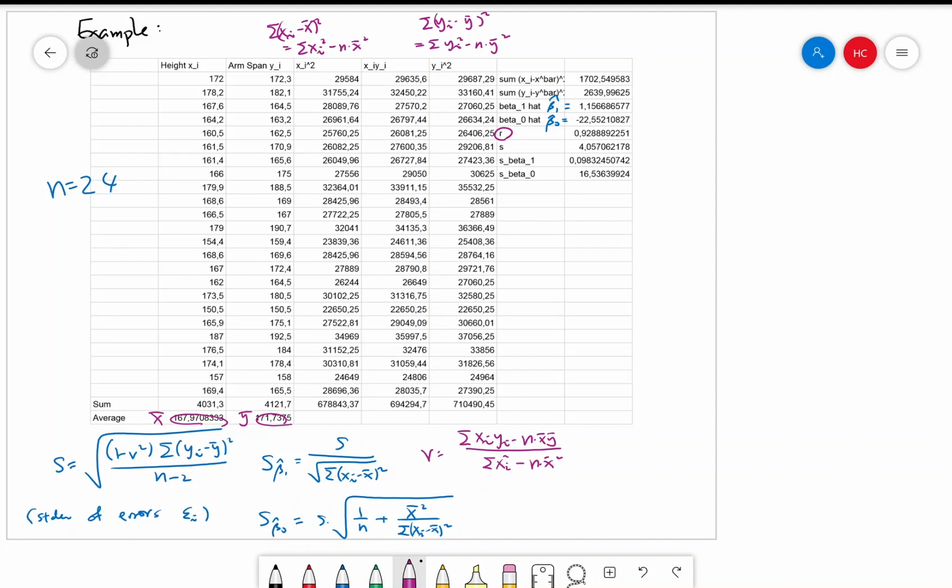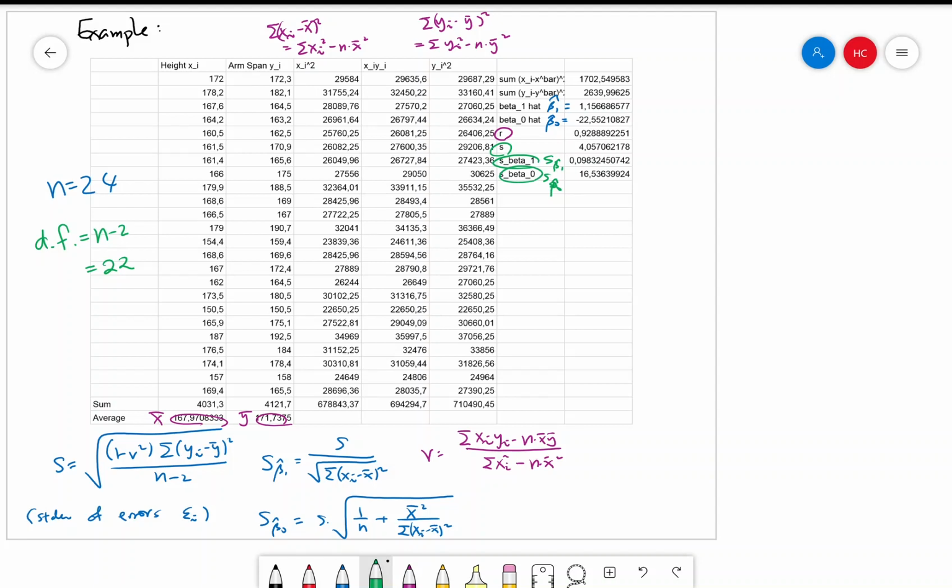All of these can be calculated using a spreadsheet. So this is our value of S, and this is S beta 1 hat, and this is S beta 0 hat. And in the previous video, we said the degree of freedom is equal to n minus 2, which in this case is 22.